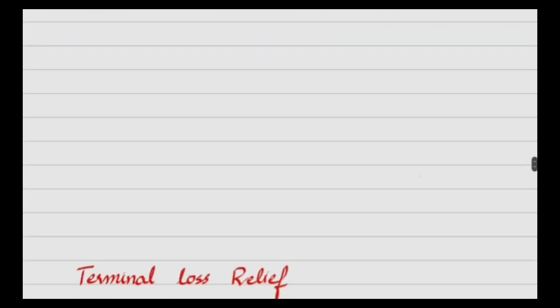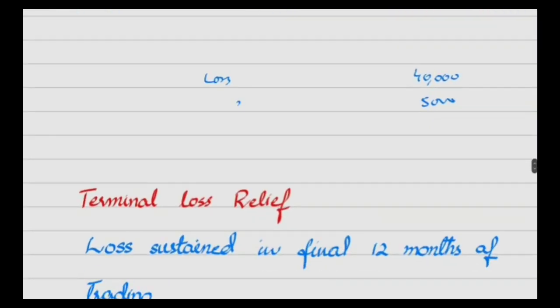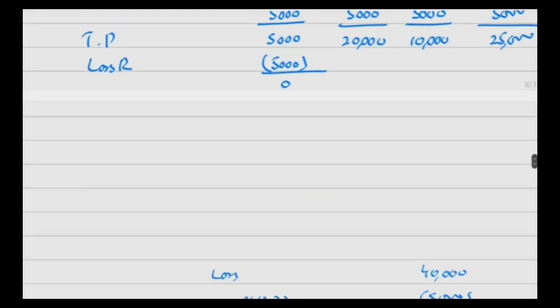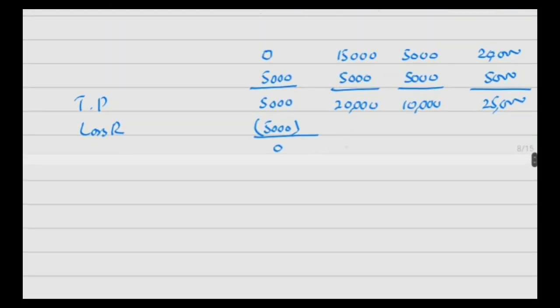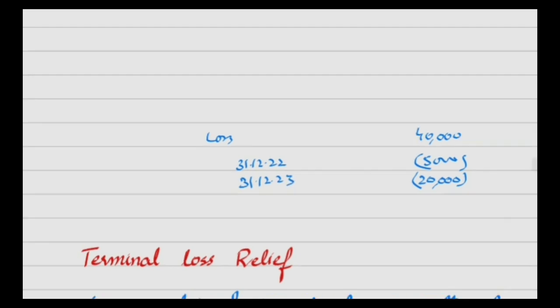Remember, you have to prepare the loss memorandum in the paper. So this is 40,000 loss, 5,000 is used in this year which ended on 31st December 22. Then we have 35,000 loss available. 20,000 of loss is set off against second year, so it also becomes 0. So 20,000 is used in 31st December 23.